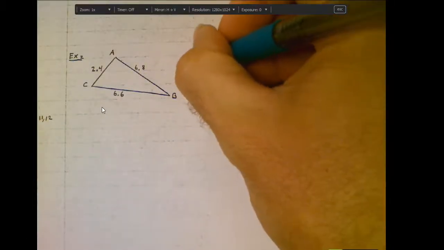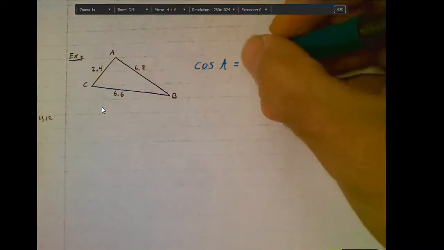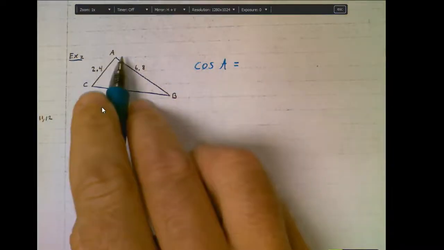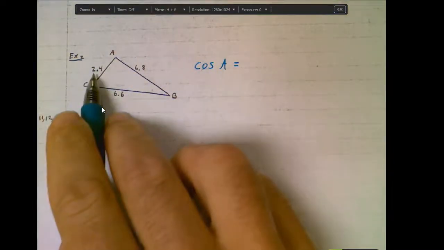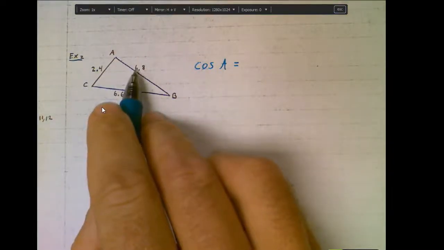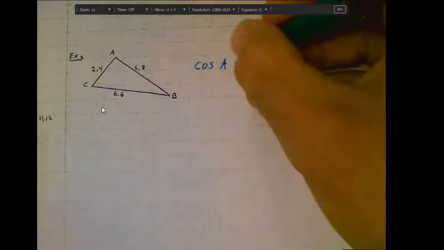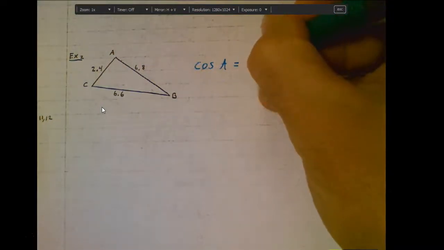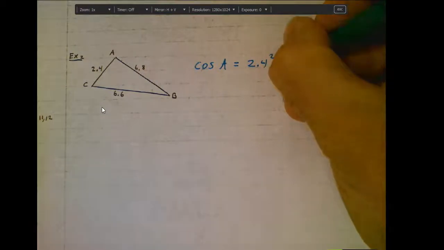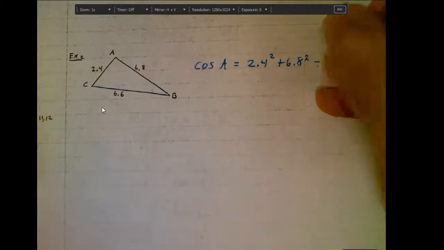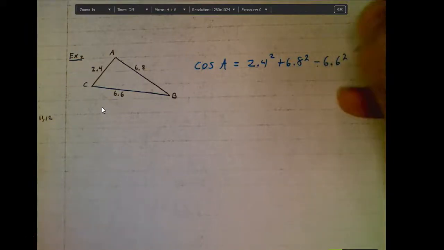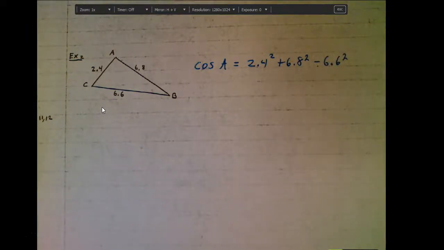So in this case, if I'm solving for angle A, then I'm going to say cosine A. And on the other side, if I plug into the formula that we have, solving for this angle, these are the adjacent sides, so 2.4 and 6.8. Minus 6.6 squared. So that's everything that would go on top.